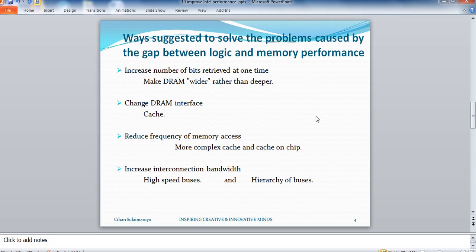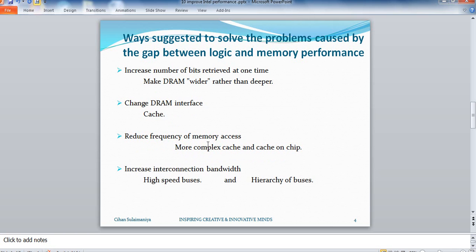This makes it a little bit faster. Another is to change the dynamic RAM interface with cache. This is one way also to reduce the gap between the logic memory and the speed of the processor.